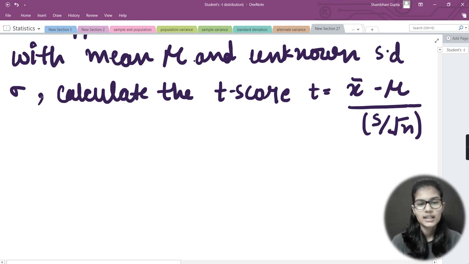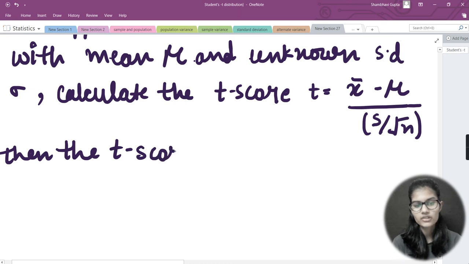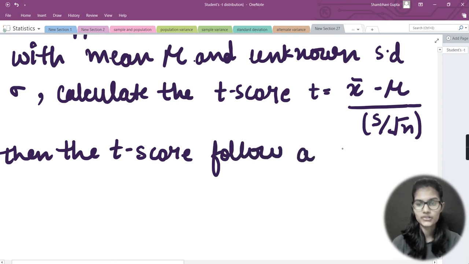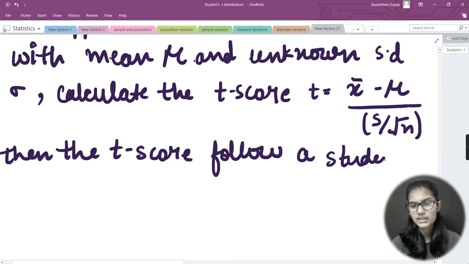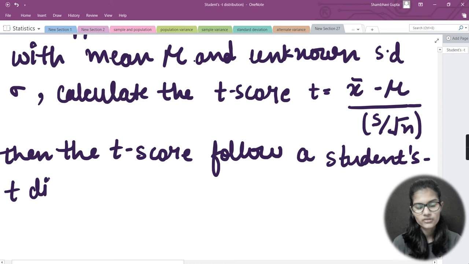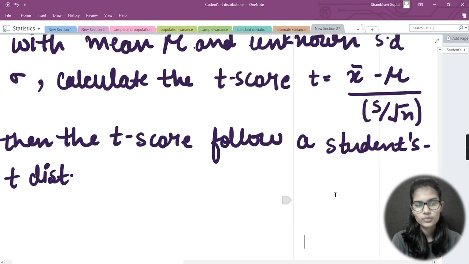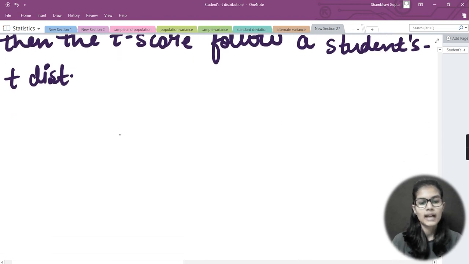So the formula is this, and then the T score which we are talking about follows Student's t-distribution, okay? For distribution I would simply write it here. So this T score follows Student's t-distribution and with.